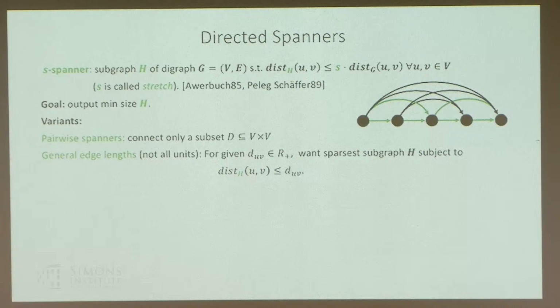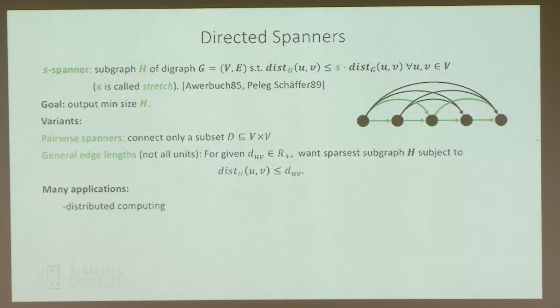So over there, S might not make sense as a stretch, and we're given the pairwise distances that we'd like to satisfy. So for each pair that we care about in D, we're given a distance D_UV, and we'd like to output a sparse subgraph such that such distance constraints are satisfied.